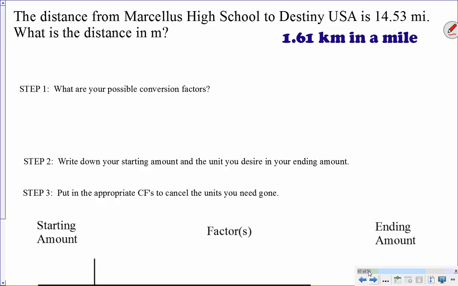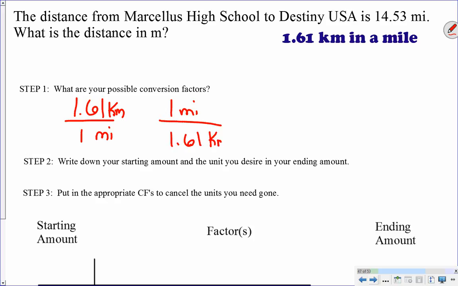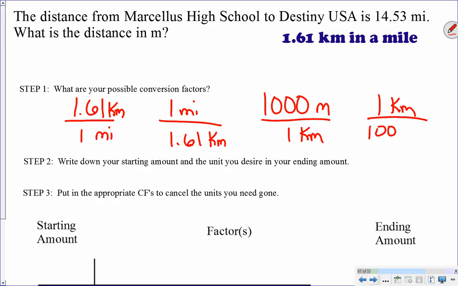So our possible conversion factors, we could have 1.61 kilometers over 1 mile, or 1 mile over 1.61 kilometers. We're also going to be using 1,000 meters in a kilometer, or a kilometer is 1,000 meters.